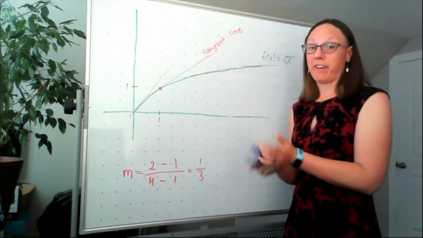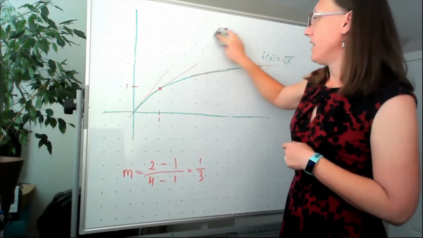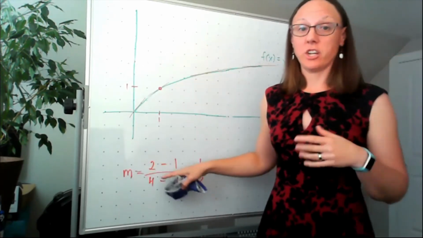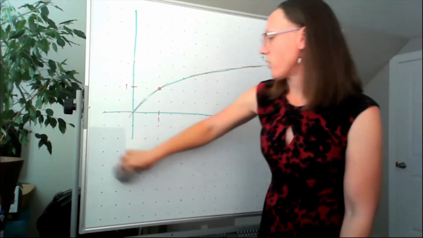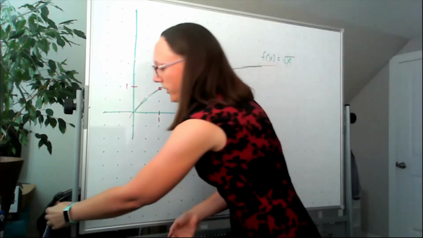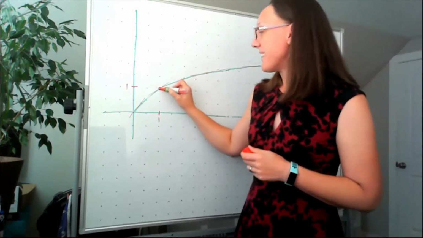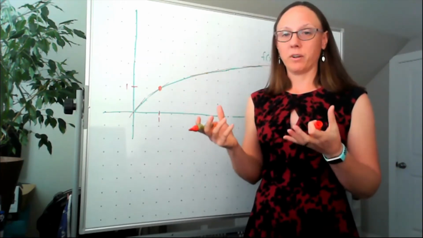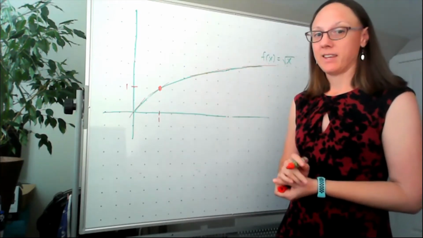Here's how we're going to figure out the slope of that tangent line we were looking for. So we know that we can find the slope by looking at a change in y over a change in x. And if we're trying to find the slope at one particular point, we're going to start with that idea of finding the slope between 2 points. And the way I'm going to do that is I'm just going to fake a new point on here.